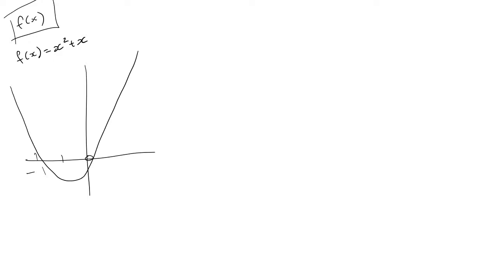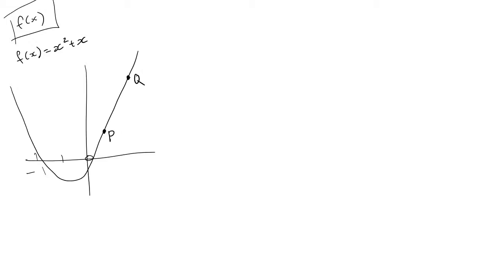Question says, find the gradient of the secant PQ and hence find the derivative of f of x equals x squared plus x. So our function looks somewhat like this. Okay, and let's say our point P is here.